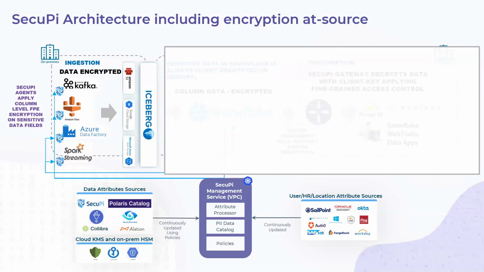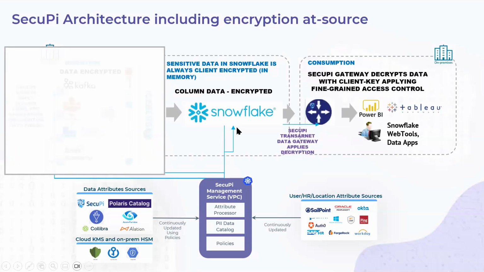And then once it's there, you'll have a Snowflake, for example, and the Snowflake will read from that Iceberg data and will be able to decrypt it when you need it. So we can have it encrypted before it gets to the Iceberg and decrypted after it leaves Snowflake, for example. So it's really an end-to-end encryption while allowing you to do the access control authorizations you need for that data.